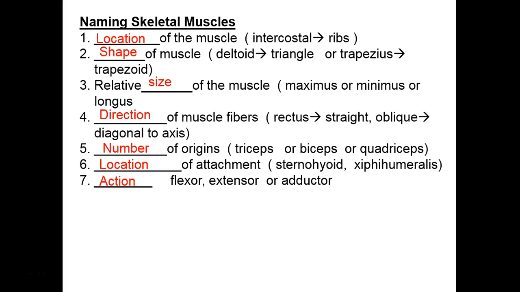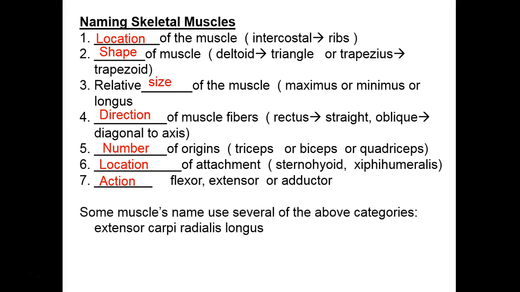Some muscles are flexors, some muscles are extensors, some are adductors, abductors, so they use the action in naming the muscle. Let me give you an example of a muscle where we use several of the 7 categories. The extensor carpi radialis longus. Well, what do we know about that muscle? It's not one of our assigned muscles. Well, we know it extends something, so that means that it's going to put some part of the body back into its anatomical position.